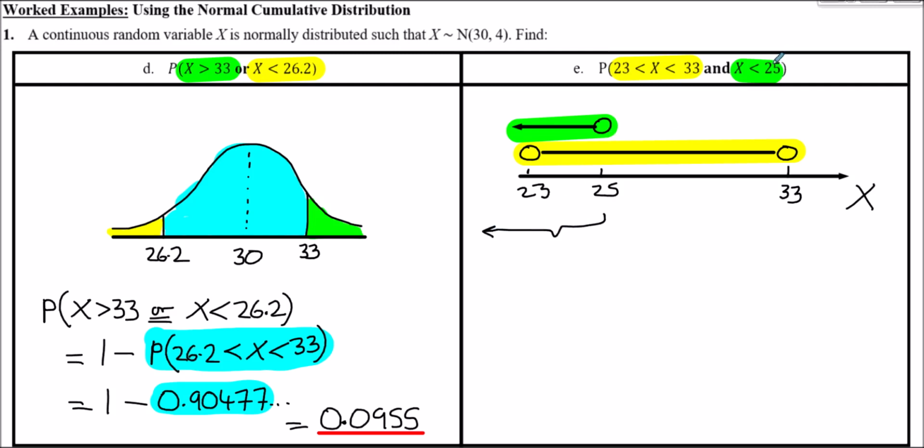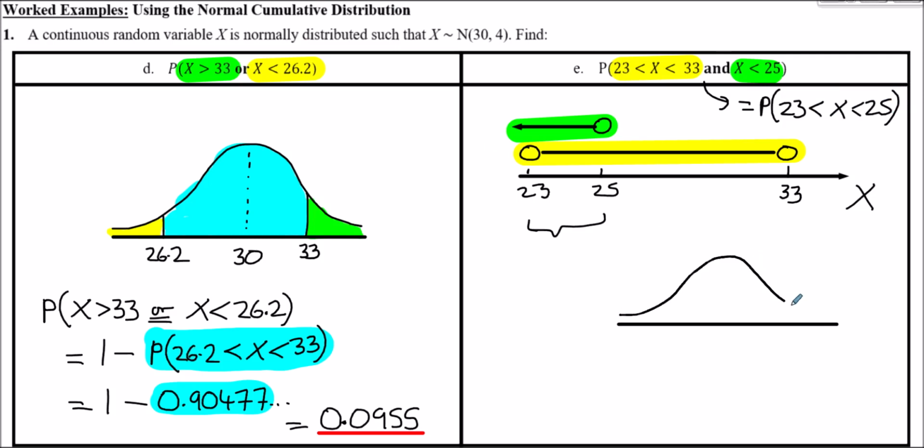So the only thing that satisfies both inequalities is when x is between 23 and 25. Yes, it's between these bits here, 23 and 25. So again, if you wanted to sketch this out, you could, or you could just plug in the values straight away and generate the answer.